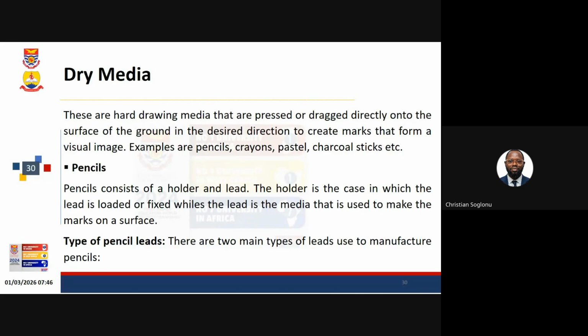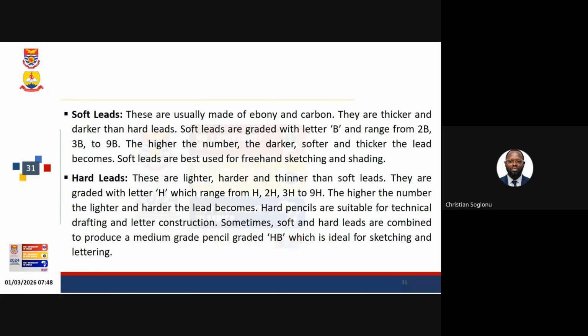Types of pencils: there are 2 main types of lead used to manufacture pencils. We have the soft and the hard lead. The soft lead is usually made of ebony and carbon. So the graphite inside the wooden case is made of ebony or a carbon substance.